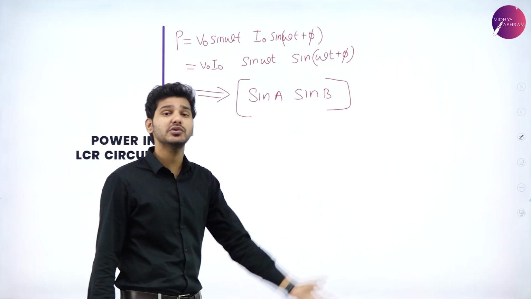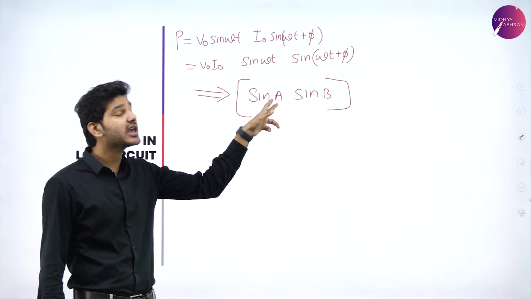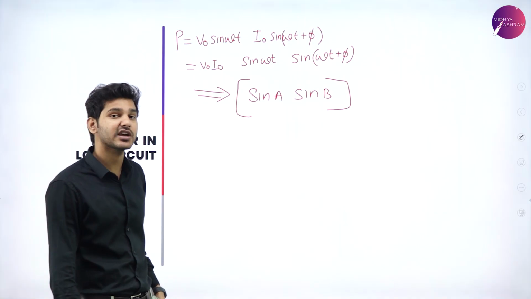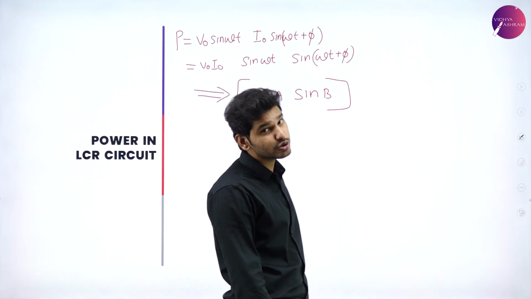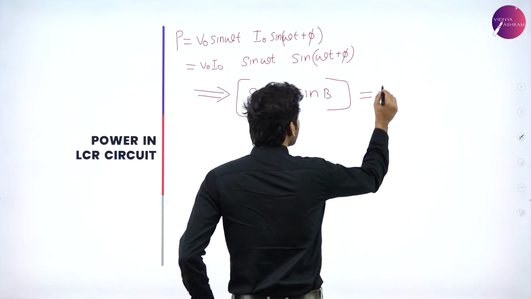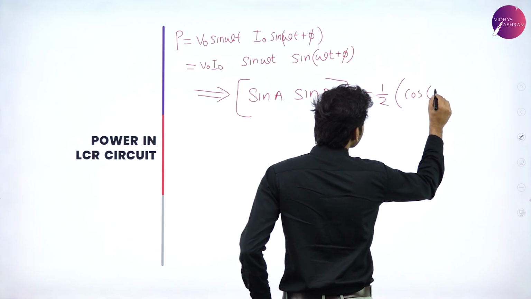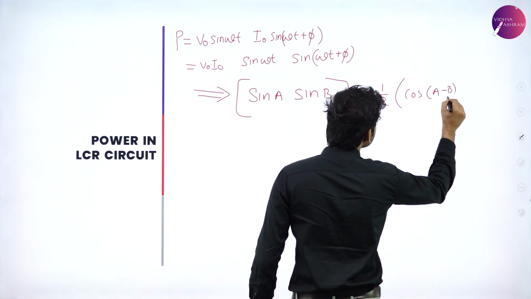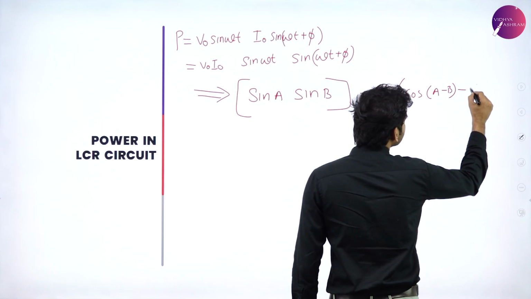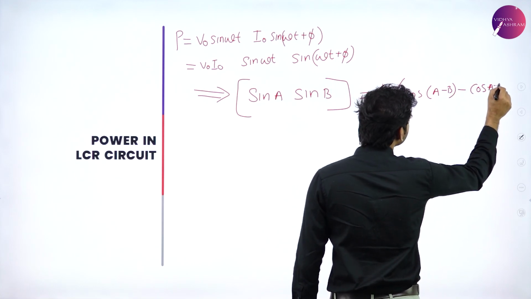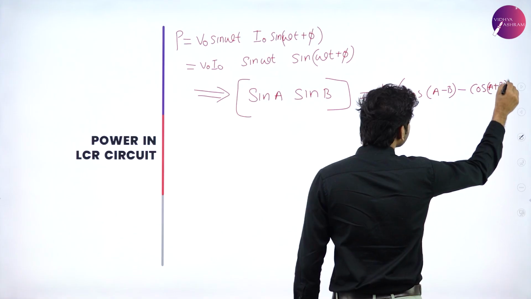So what is sine A into sine B? Sine A into sine B is equal to 1 by 2 into cos A minus B minus cos A plus B.